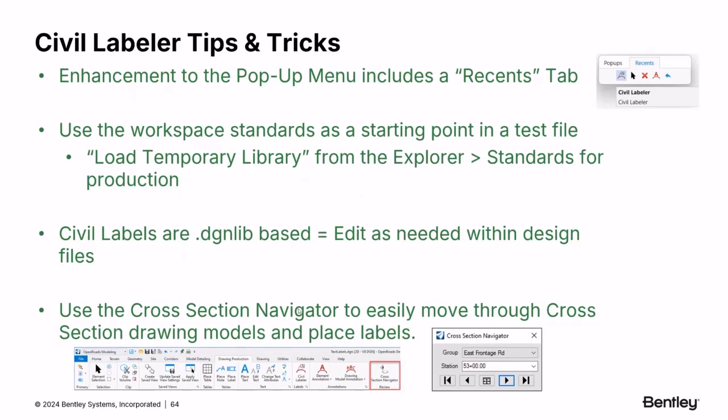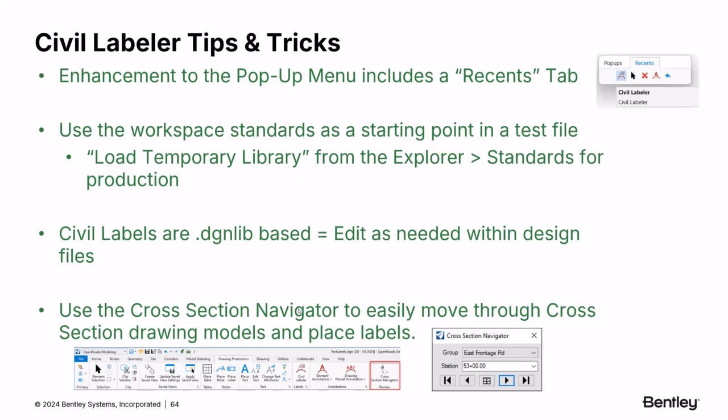So, again, getting to the conclusion here, at least for the presentation, some Civil Labeler tips and tricks I want to highlight. This first one, I'm not sure if you're all aware of the pop-up menu. Hopefully you are. That's the space bar within your design view, or your model view.